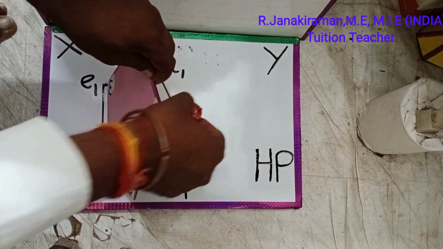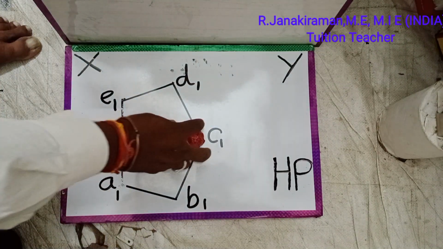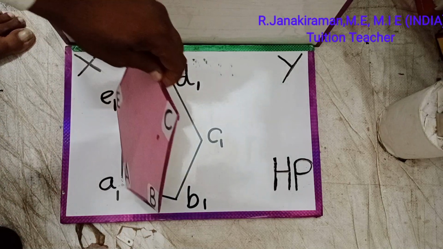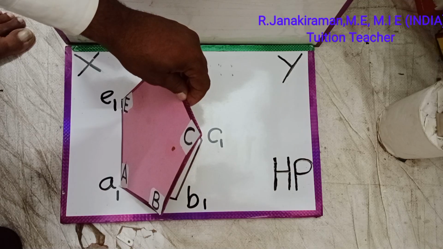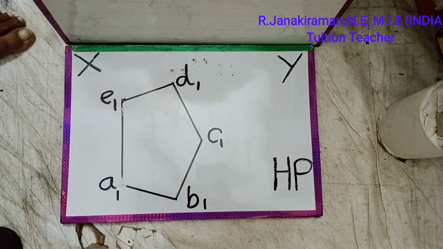C is projected on the horizontal plane, marked as C suffix 1. Similarly, D and E are projected. If you join all those points, you will get a smaller pentagon. That rose color portion, with its edges joined, gives a diminished or reduced pentagon, which will be our fourth diagram. It's called surface inclination top view, obtained like this. Understand?